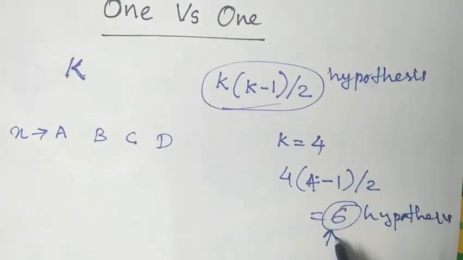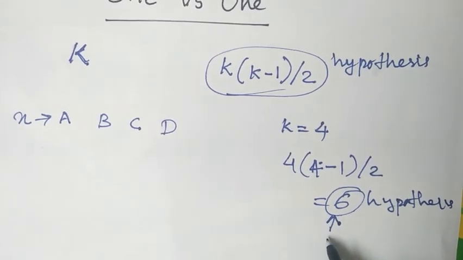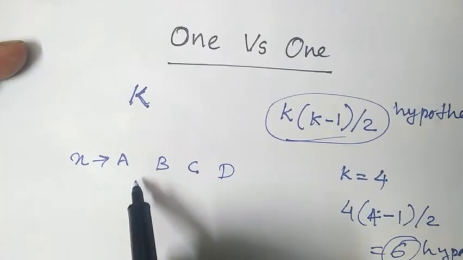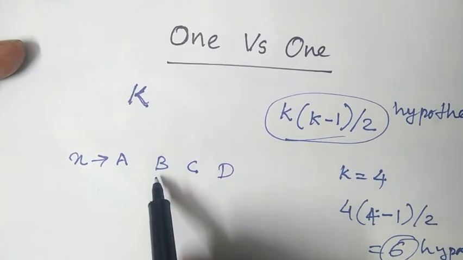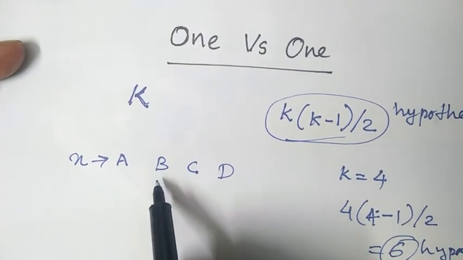So what are these 6 hypotheses? We consider each pair of classes and construct a hypothesis for each pair.